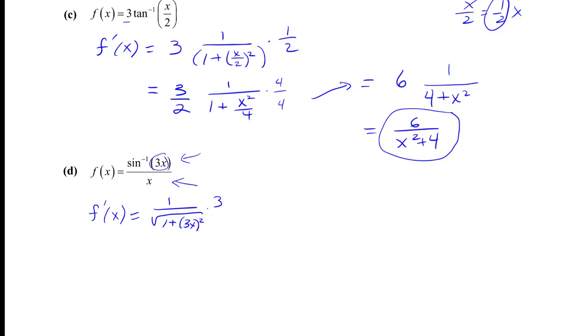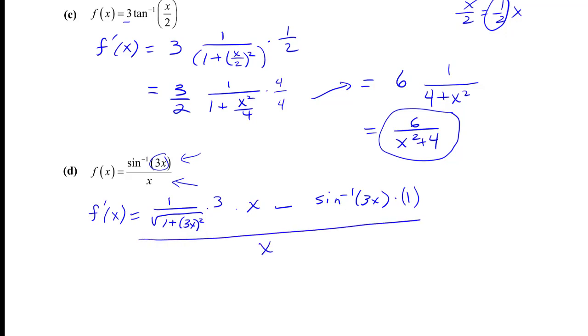That was the derivative of the top, all of that times the bottom, x, minus the top as it is, inverse sine 3x, times the derivative of the bottom, which would be 1, all over the bottom squared.